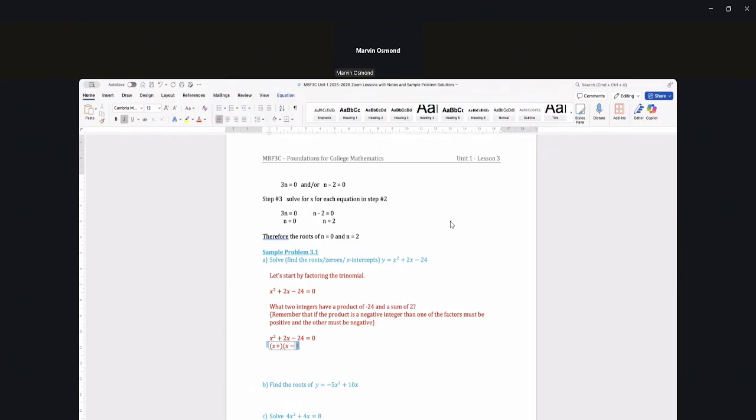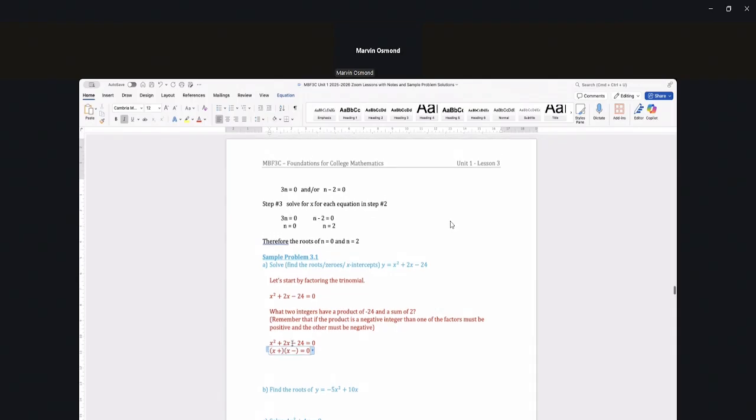Now I say a number, but I really mean an integer. So these numbers have to be whole numbers. For the type of problems that we're solving, we can end up with numbers that are not integers, but that's a whole different ballgame. We're just worried about the ones with whole numbers.